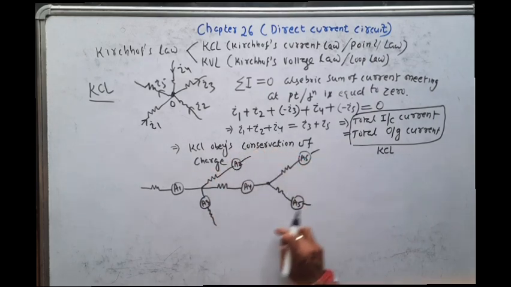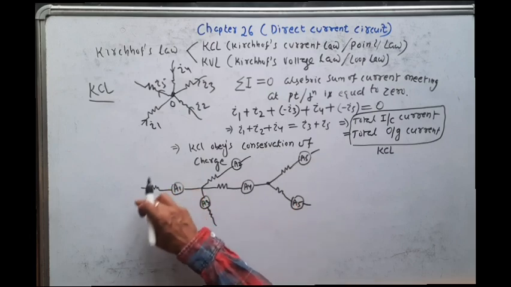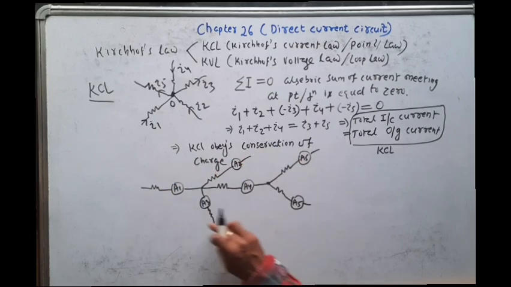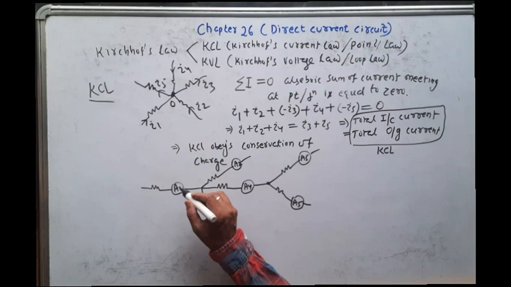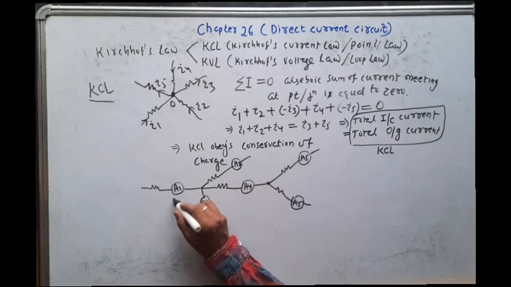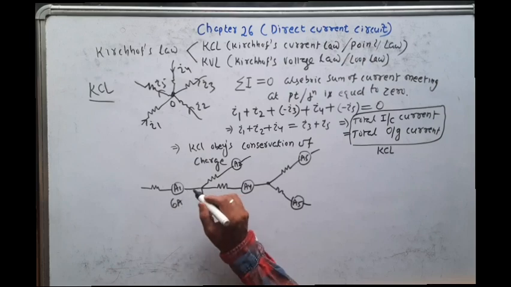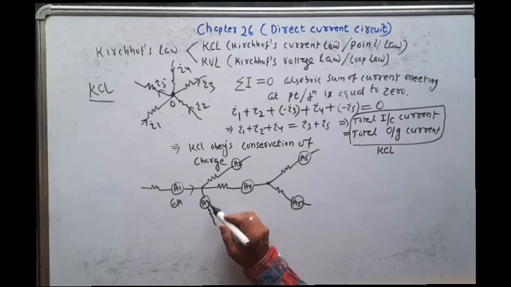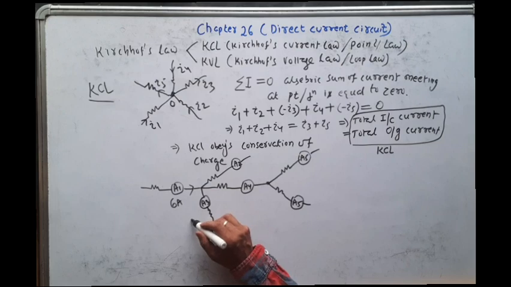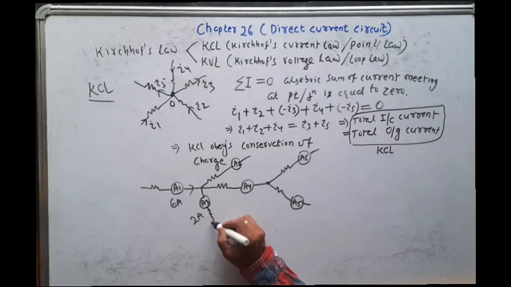So this is a circuit, and out of the total circuit, this is a part of the circuit. Suppose this ammeter will read 6 ampere, and let us take the direction like this. Here this ammeter reads 2 ampere, and the direction of the current is like this.